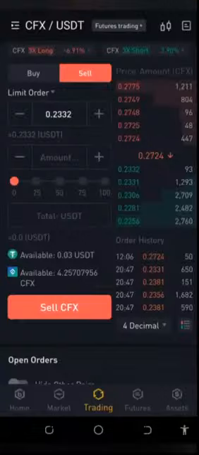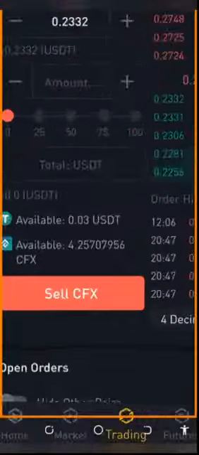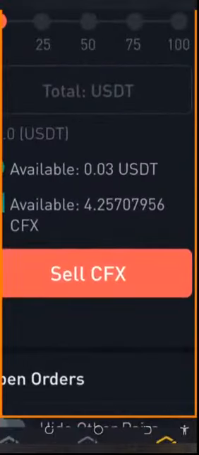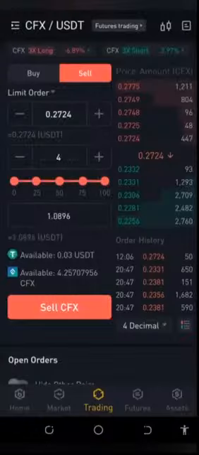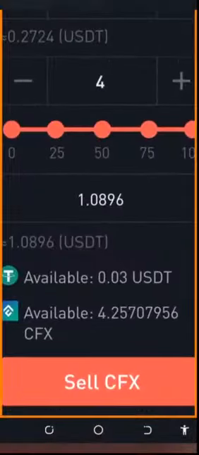Don't forget this is supposed to be $1 that we sent, right? $1 worth of CFX. So if you see now here, we have 4.25 CFX. If this is really true of the 16%, that means that if I try to sell this, for instance, see what we have. We've got $1.08.